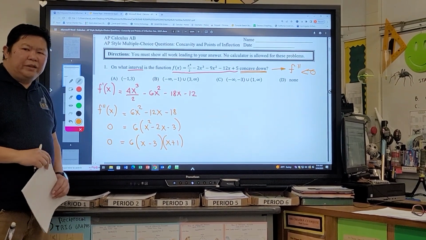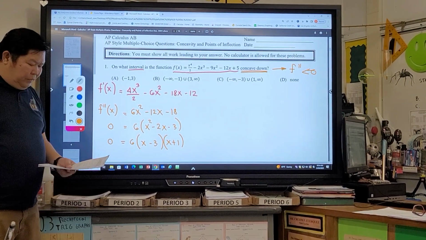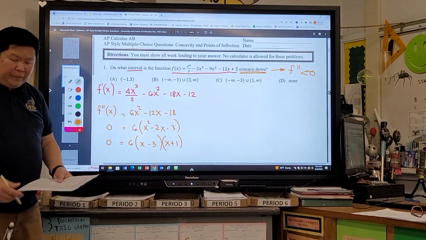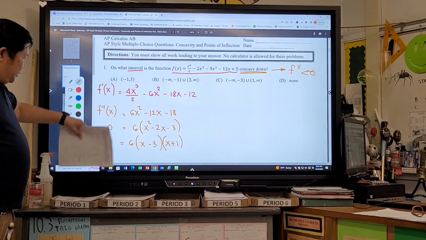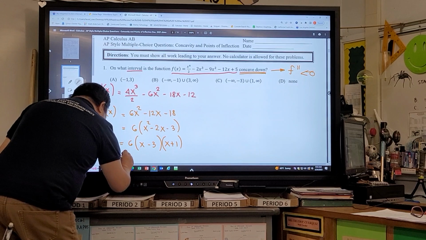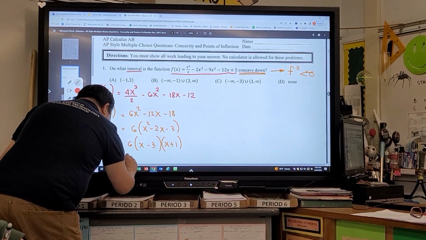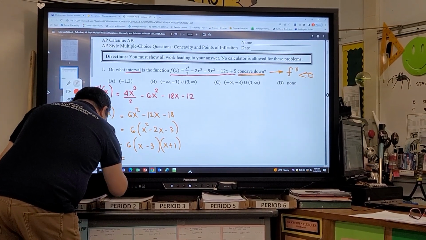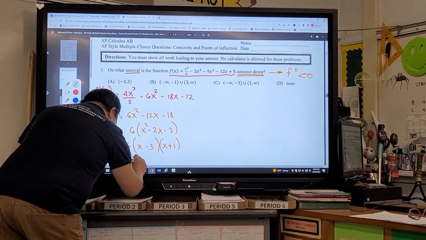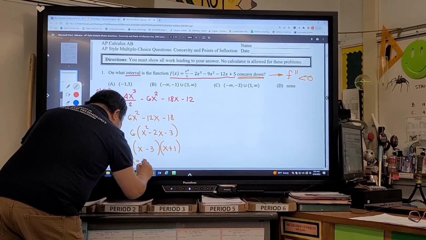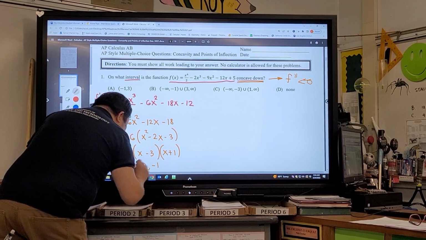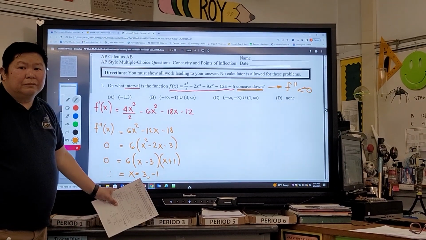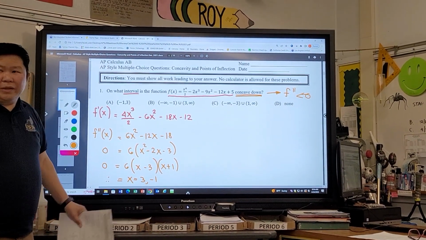If we have this, then what's next? First we're gonna simplify this, that means the x values are positive 3 and negative 1, right? Positive 3 and negative 1.